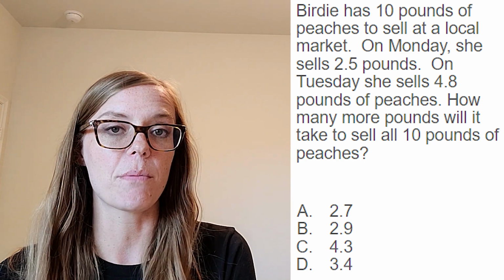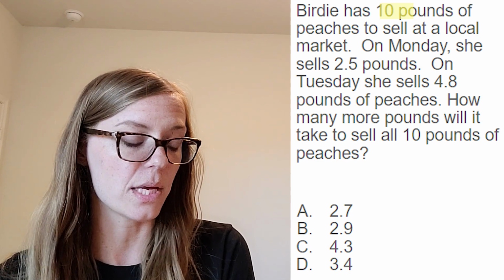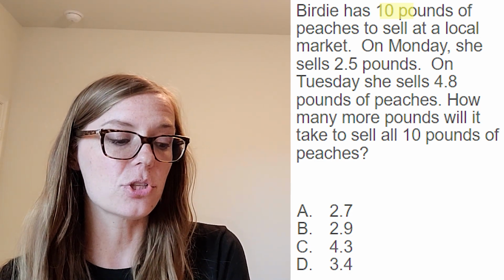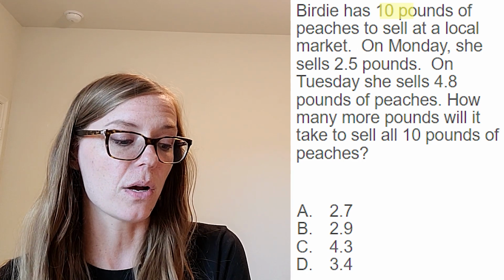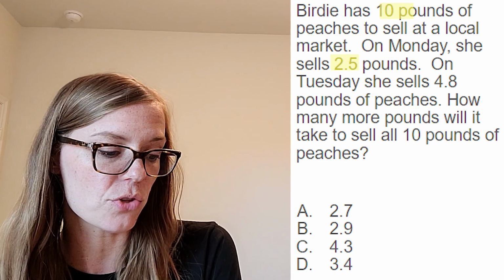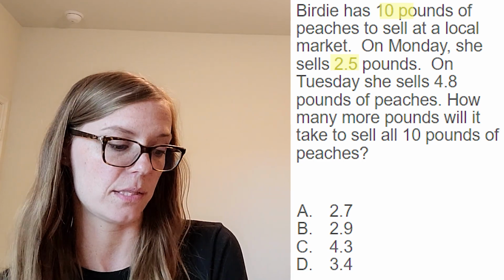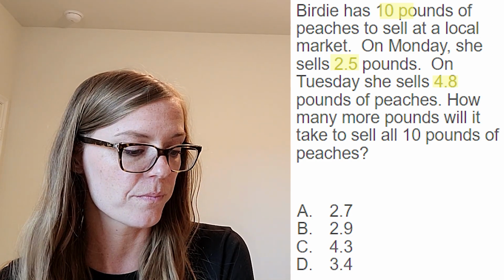I want to remember that she has 10 pounds total, so I'm going to highlight the 10 pounds. And that she sold 2.5 or 2 5/10 on Monday. So let's highlight that amount. Then on Tuesday, she sells 4 8/10 pounds of peaches. Let's highlight those peaches that she sold.